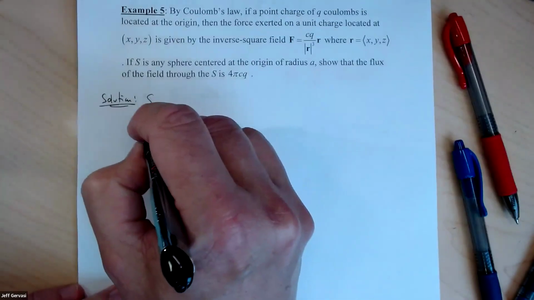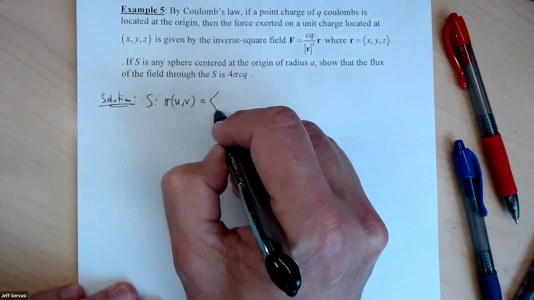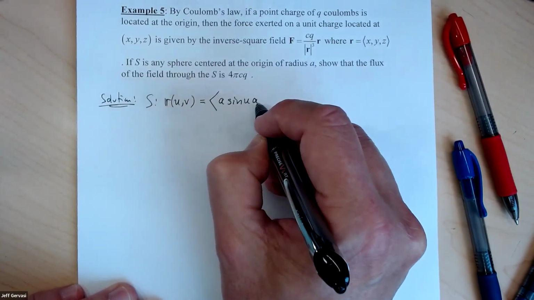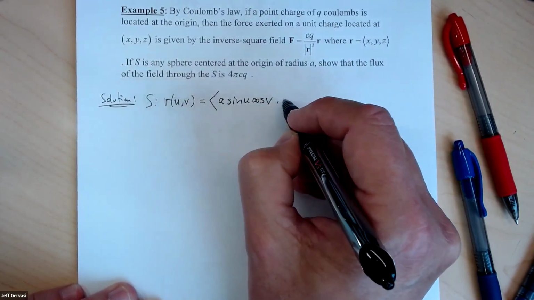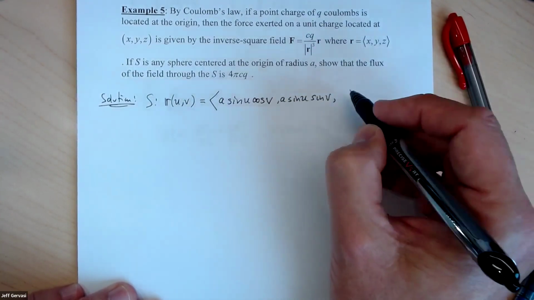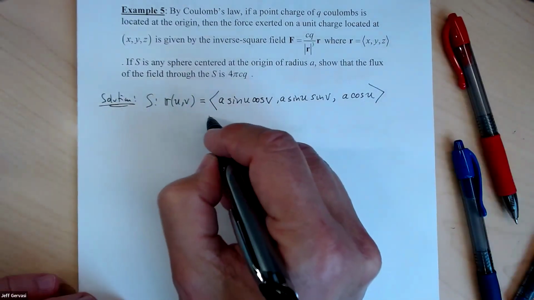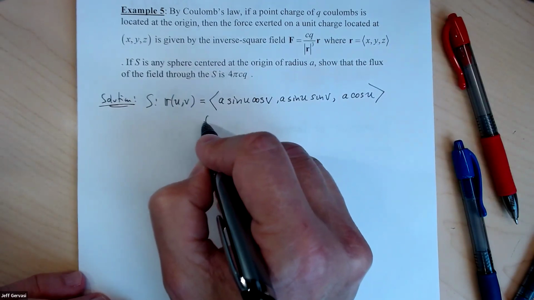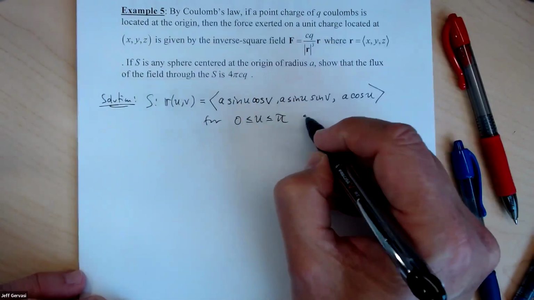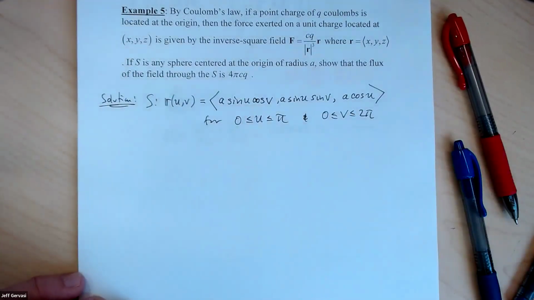All right, so as we've seen several times before, talk about a sphere, radius a. Here's its parametric representation. Okay.